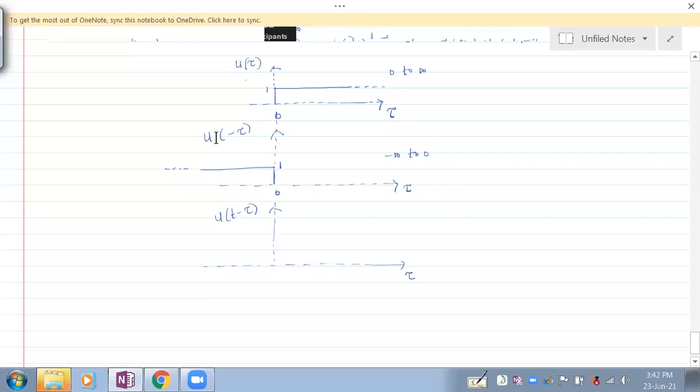What are we doing on u of minus tau? We are adding t to this minus tau, right? So we are adding t to a reflected signal. If you add anything to the reflected signal, that reflected signal should move to the right. So this signal is as good as this.